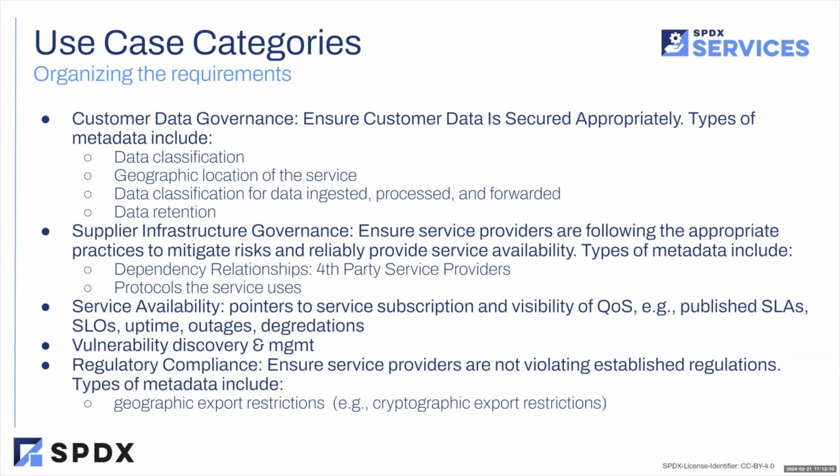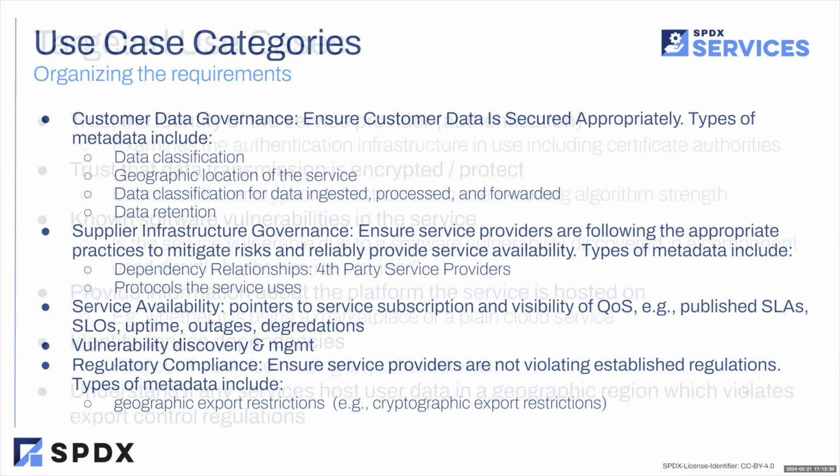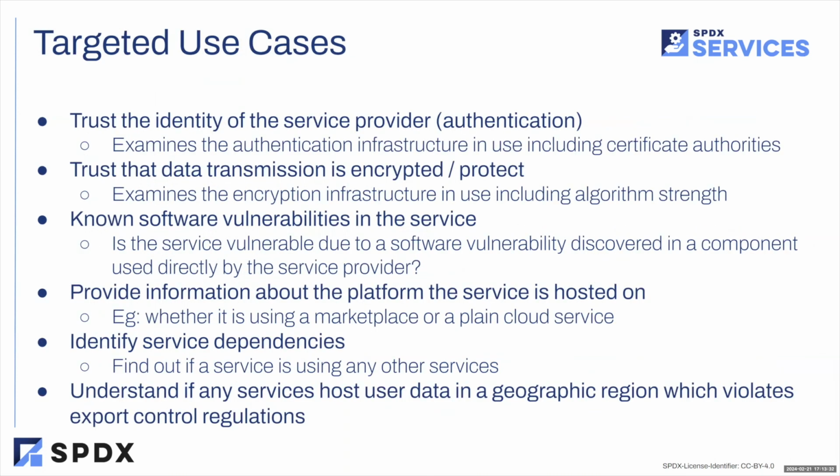A lot of this comes down to geographic tracking of the data. To give you an example, certain jurisdictions have much stronger privacy regulations than others, and being able to have information on that is key to some of the users of this standard.